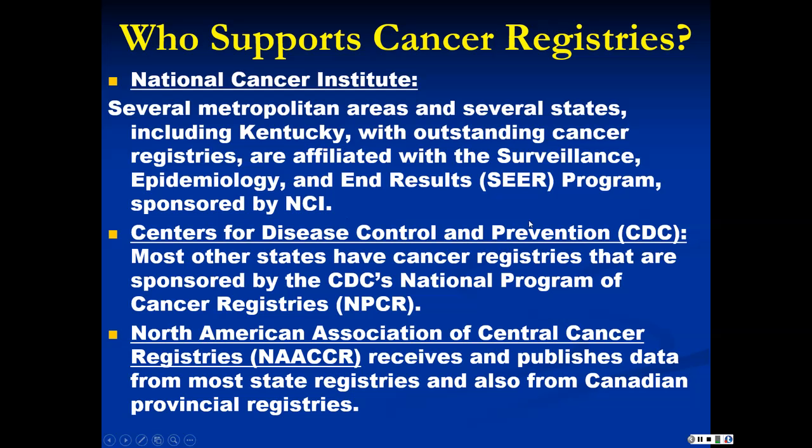The Centers for Disease Control and Prevention, or CDC, funds the cancer registries in most other states through its National Program of Cancer Registries. And then the North American Association of Central Cancer Registries, or NACER, receives and publishes the data from most of the state registries and also from Canadian provincial registries. So they generate a report every year called Cancer in North America.